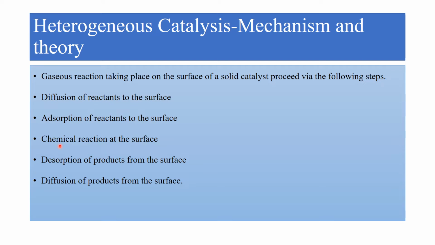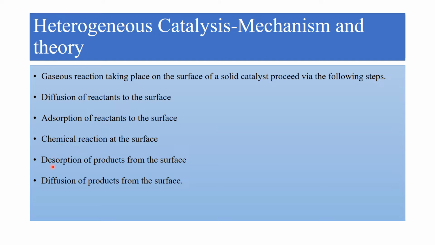The reactants when bound to the surface have a higher probability of reacting with each other, and after the reaction they form an intermediate compound, that is the chemical reaction.